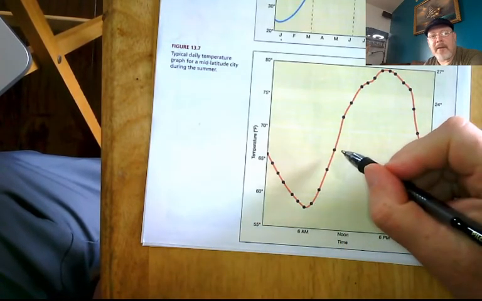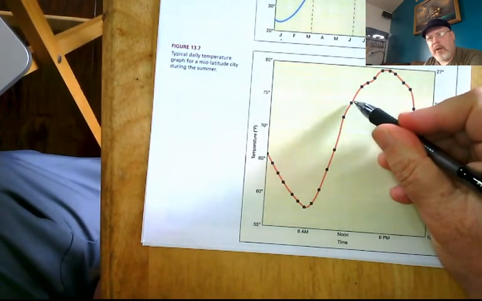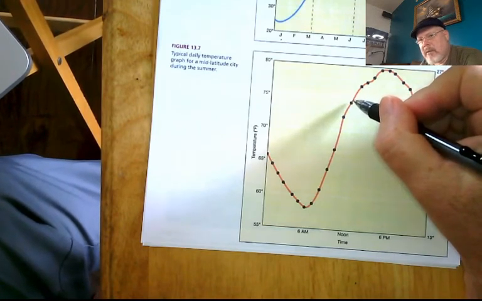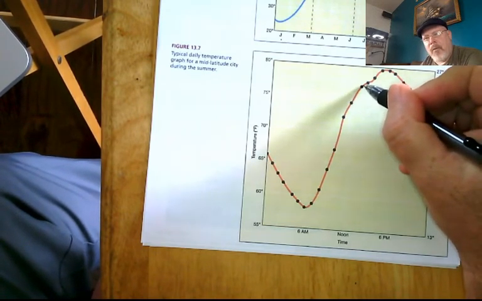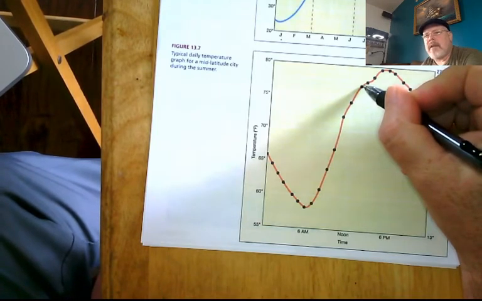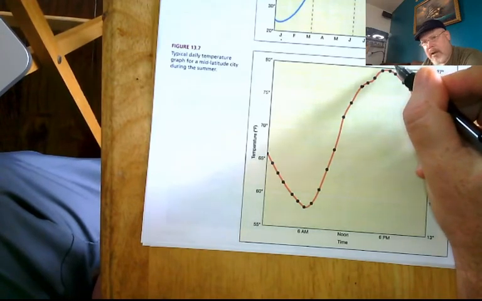So when is the hottest part of the day? Is it at 12 o'clock noon when the sun's at its highest point? Well, when the sun's at its highest point, that's when we're getting the most intense solar radiation. However, at 1 o'clock, the sun's still high, and it's adding more heat to the heat that we've already had. And it keeps doing that until about 3 or 4 o'clock.